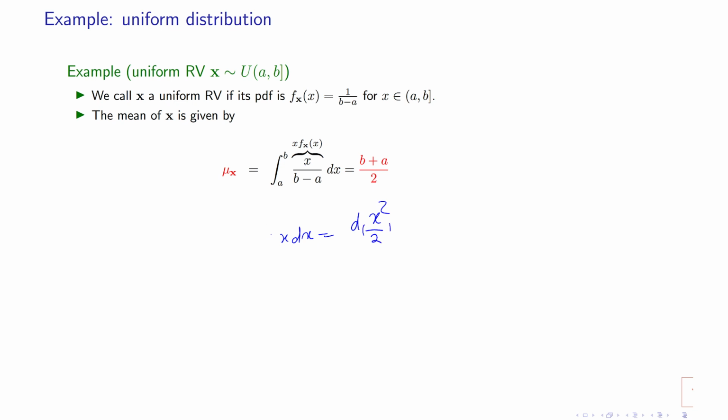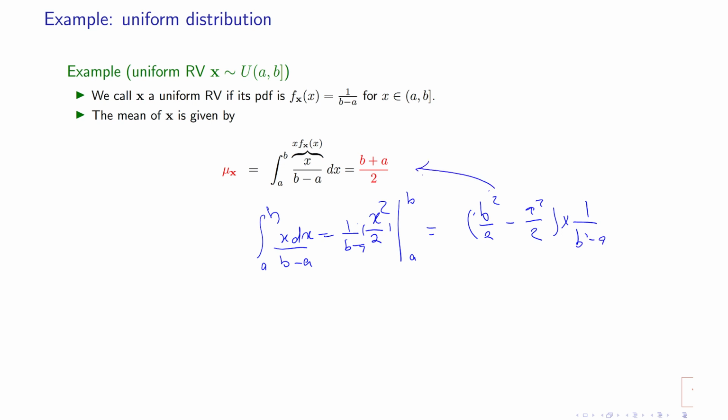And then if you put the integral from a to b, you have to put b, and then a: b to the power of 2 divided by 2 minus a to the power of 2 divided by 2. Obviously, you have 1 over b minus a, so you have to multiply by 1 over b minus a. And if you simplify that, you get this one.